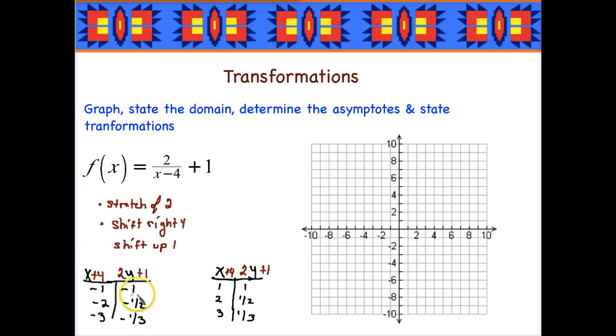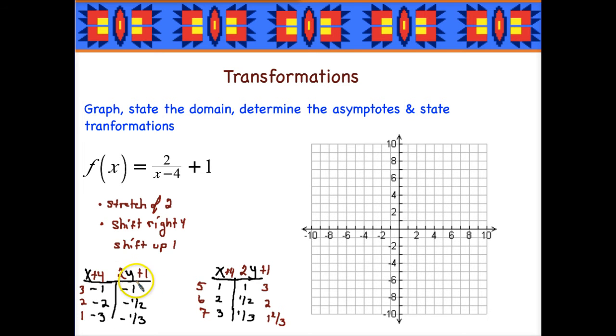Let's go ahead and do the math and see what we come up with. So in the first one, we would have a 5, a 6, and a 7. Over here, 2 times 1 is 2, plus 1 is 3. 2 times 1/2 is 1, plus 1 is 2. 2/3 plus 1 is 1 and 2/3. Over here, on this side then, -1 plus 4 will give us 3, 2, and 1.